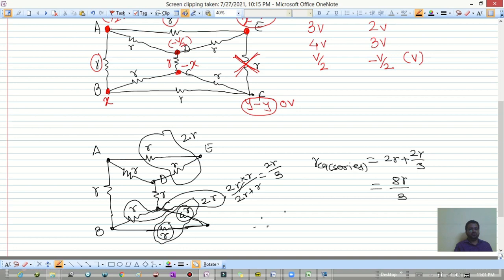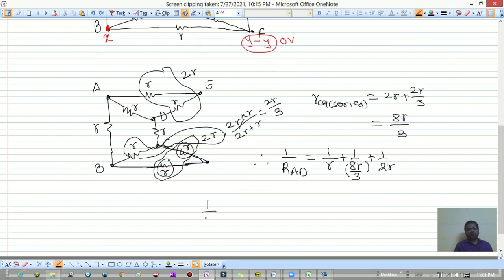So therefore, for RAD we have 1 by RAD is equal to 1 divided by R plus 1 divided by 8R by 3 plus 1 divided by 2R. So 1 by RAD is equal to 8 by 8R plus 3 by 8R plus 4 divided by 8R, which is equal to 15 divided by 8R.